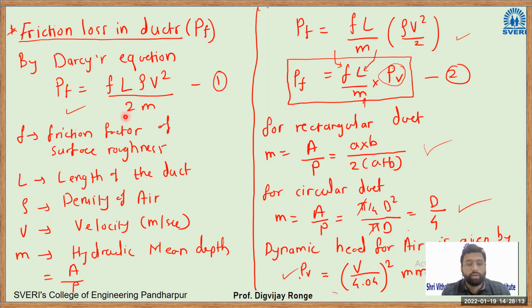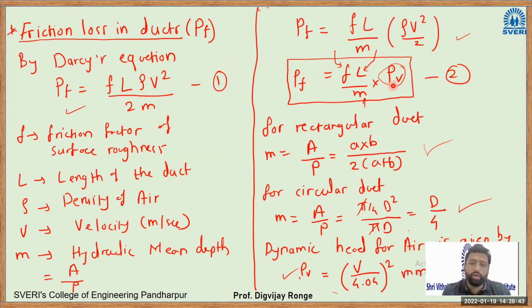So here PF, f stands for friction factor, L stands for length of the duct, rho stands for density of air, V stands for the velocity. So I can just write this also as f L divided by m into bracket rho V square by 2, and rho V square by 2, as we know, is a dynamic head. So PF, or the frictional loss, will be equal to f L by m into dynamic head.